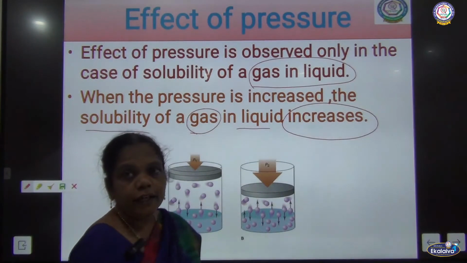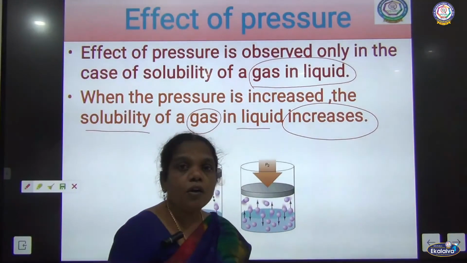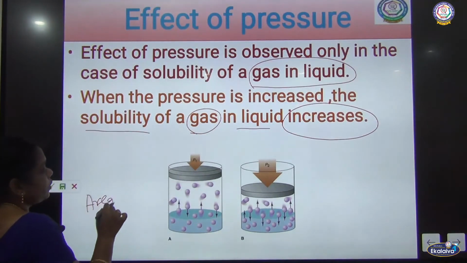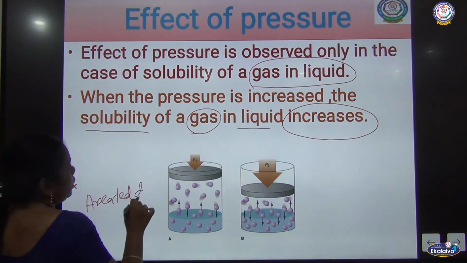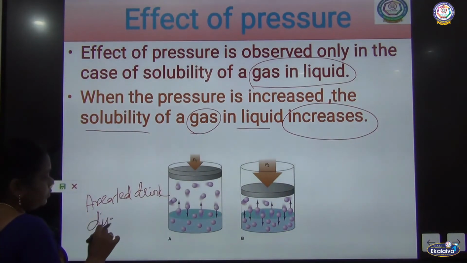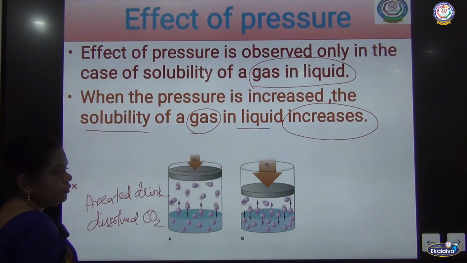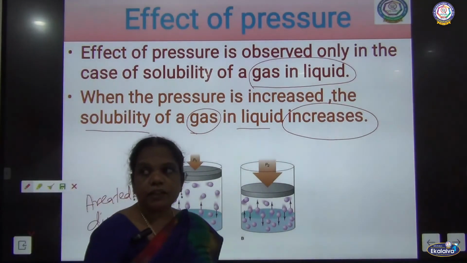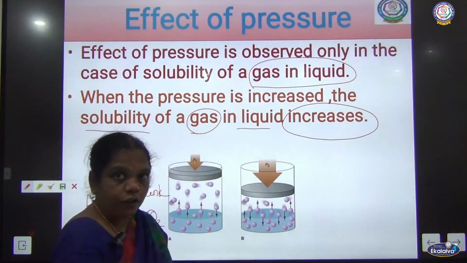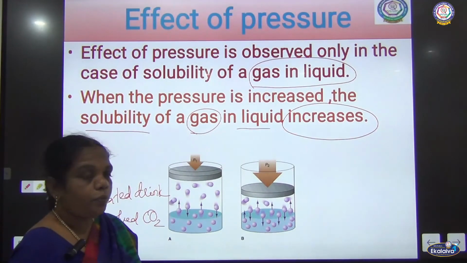You can see that aerated drinks contain dissolved carbon dioxide. By increasing the pressure on the liquid, more gas is going to be dissolved.